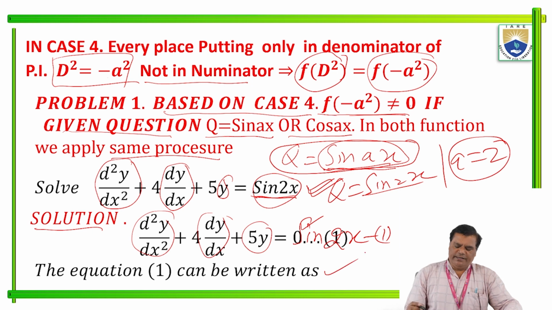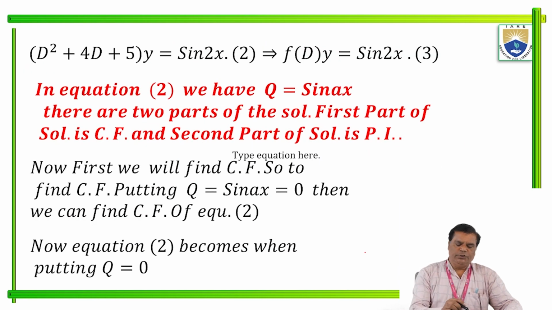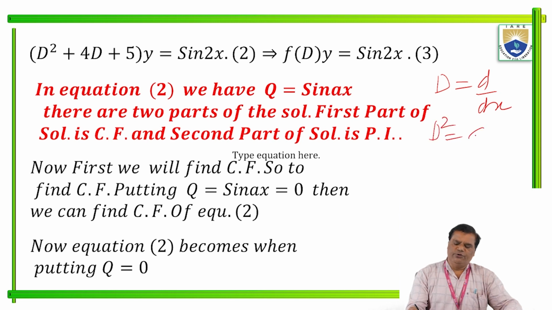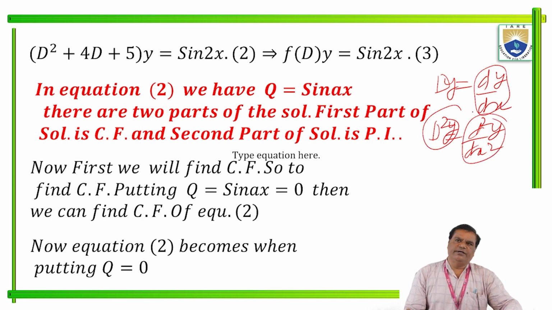Equation 1 can be written as follows. How can we write this? Because D is d over dx, and D square is d2 over dx2. So D y is dy over dx, and D square y is d2y over dx2.